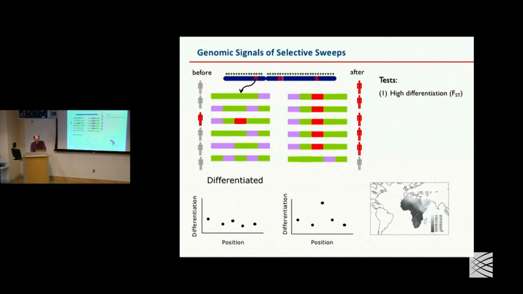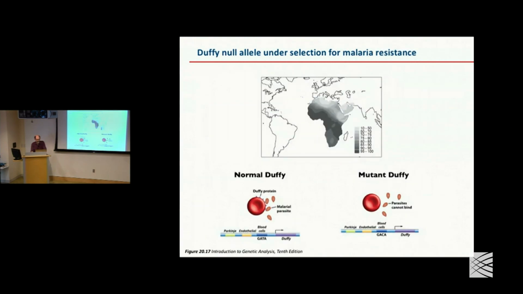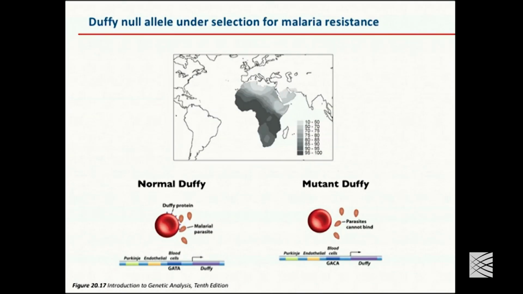There are other tests. The classic case of this one is the Duffy null allele. Duffy is a surface protein on red blood cells. It is the way by which vivax malaria parasites enter red blood cells. So if there's no Duffy on the surface, there's no entry, there's no infection.